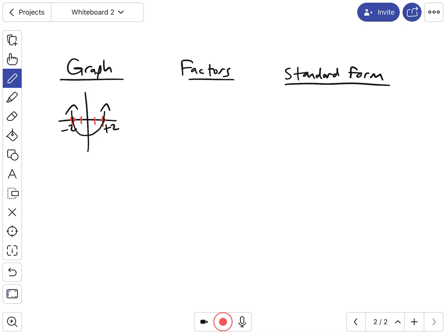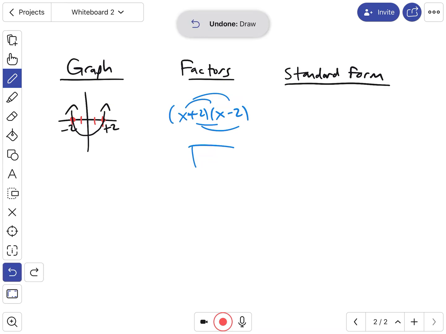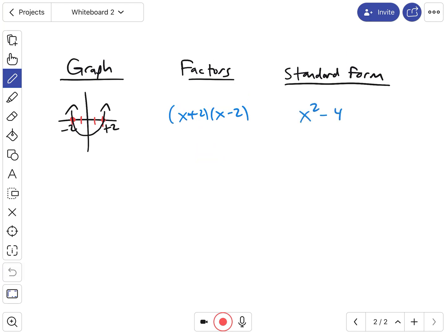Well, the factors that would come from that, again, are going to be the opposite signs of these two. It would be x plus 2 and x minus 2. And then by doing either FOIL or the box method to multiply these two binomials, you would end up getting something like x squared minus 4.